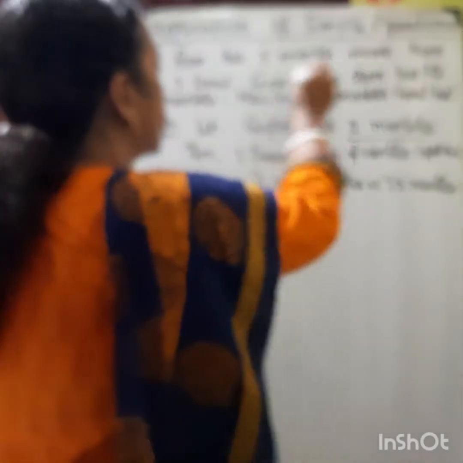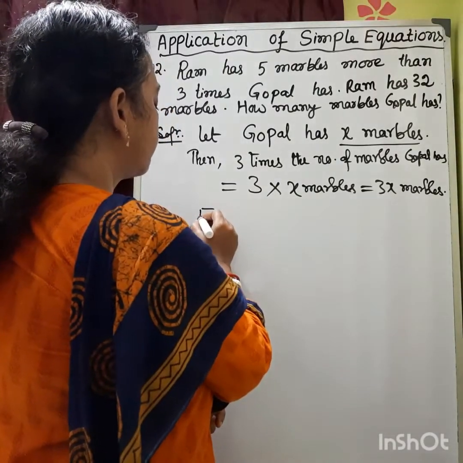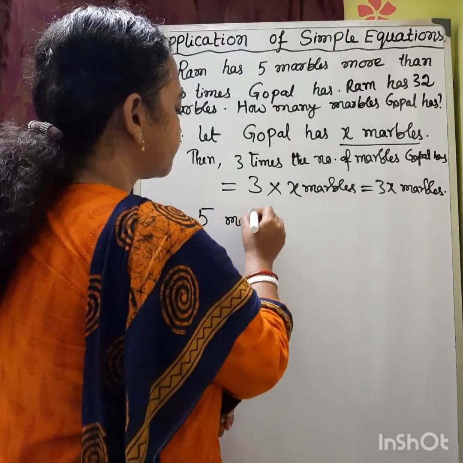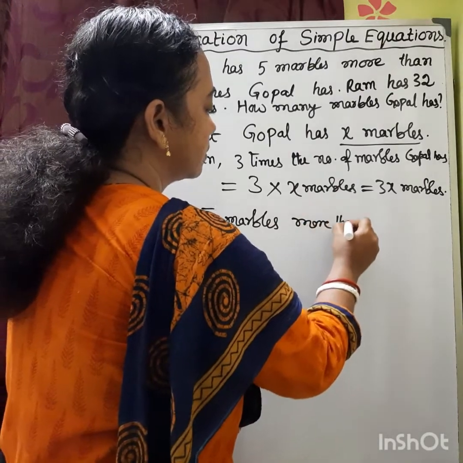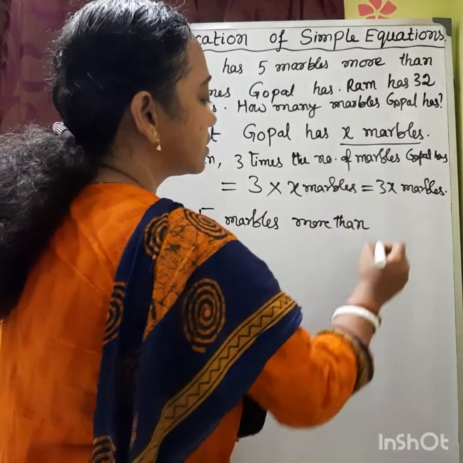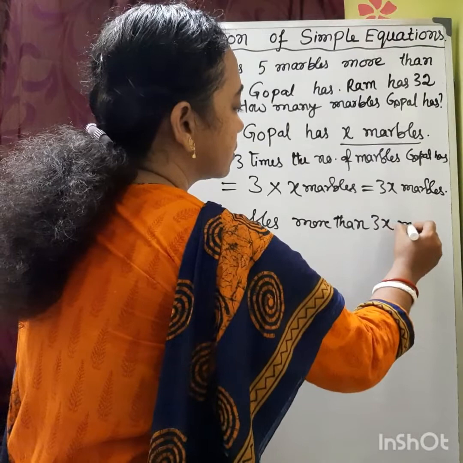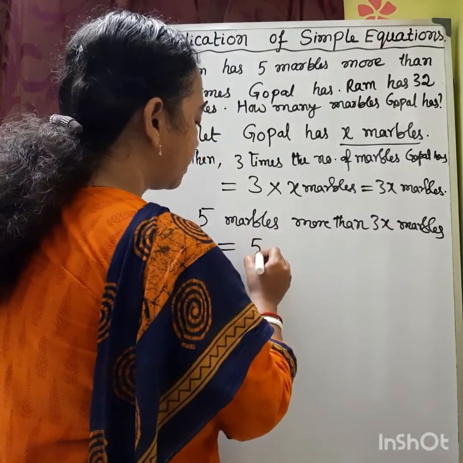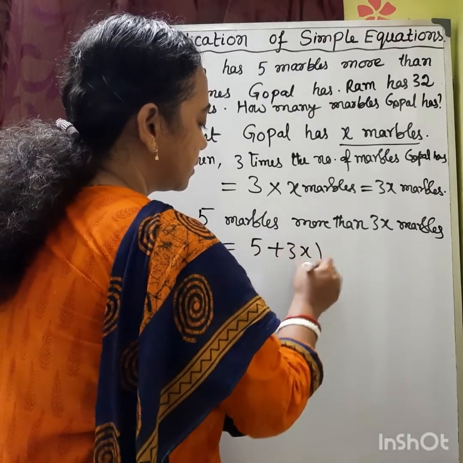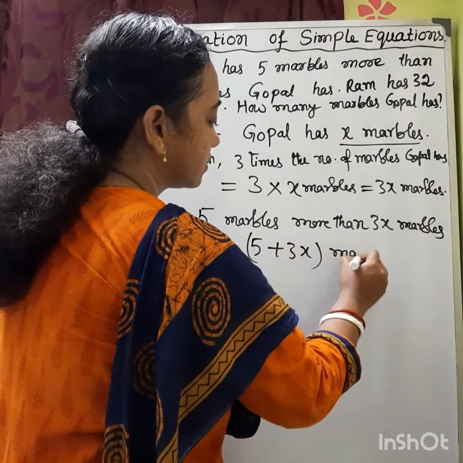So the first statement becomes, 5 marbles more than 3 times Gopal has, means 3x marbles. So we can write it as 5 plus 3x marbles.